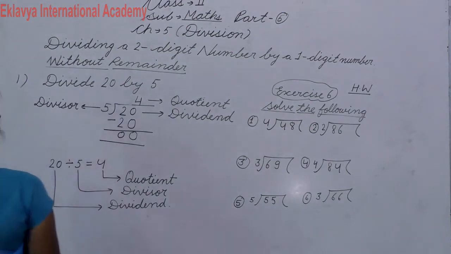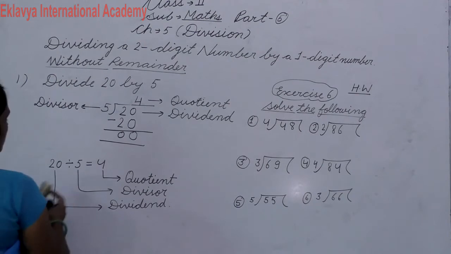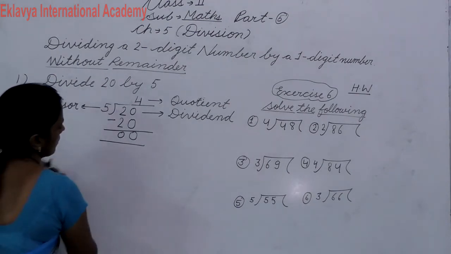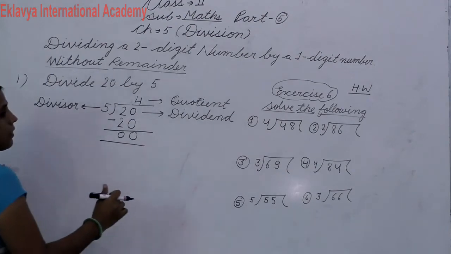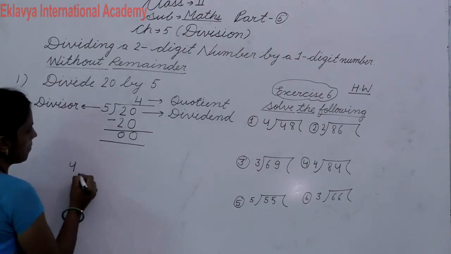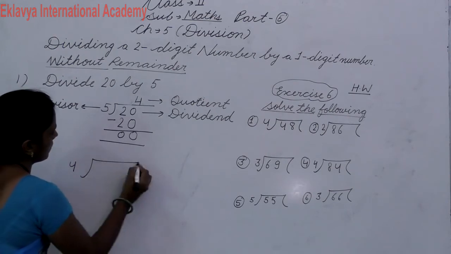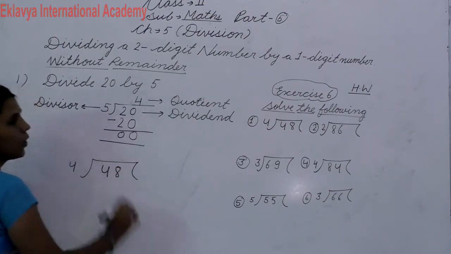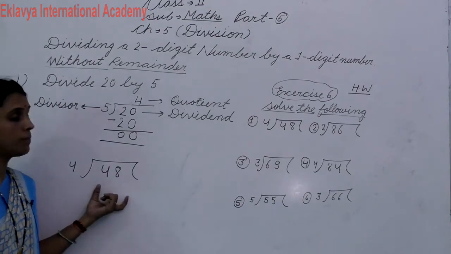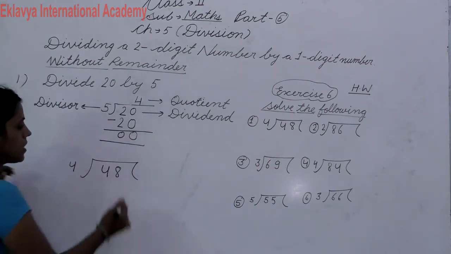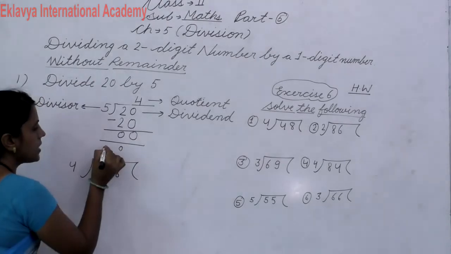I am telling one more example. Suppose I am giving you that type of question. First of all, listen students, keep things in your mind. This one is ones and this one is tens.